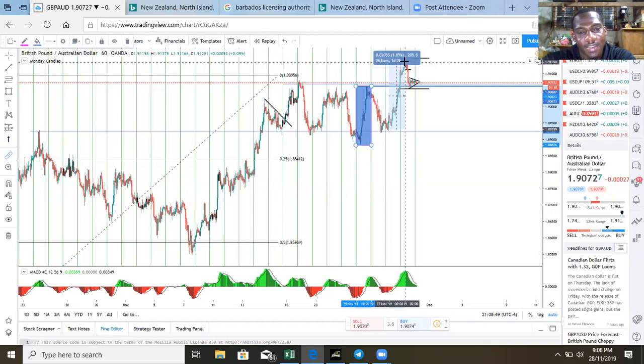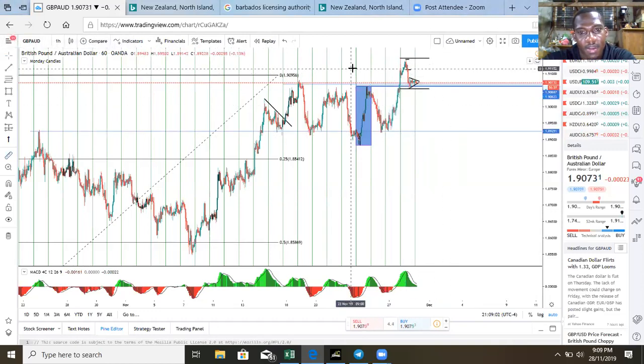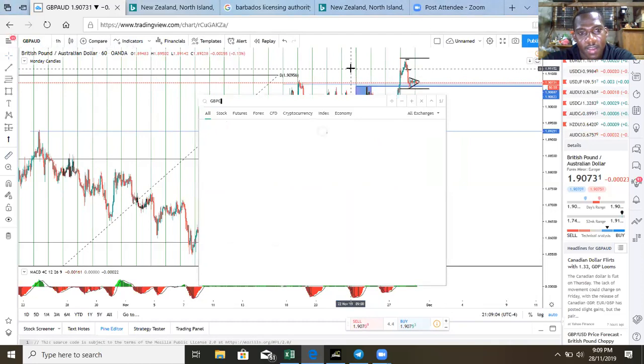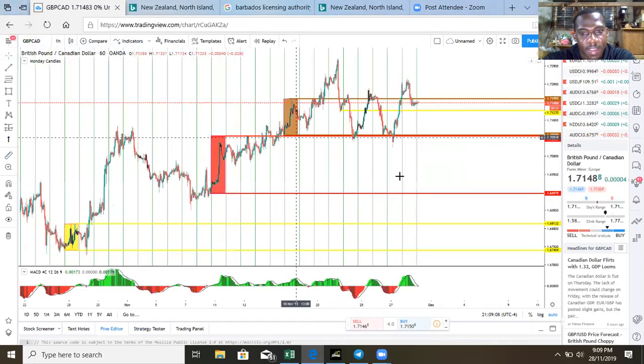After we sold GCAD, she was looking for the buy. So if you go on GCAD, it formed a nice W, and she would have caught most of that buy that happened yesterday.